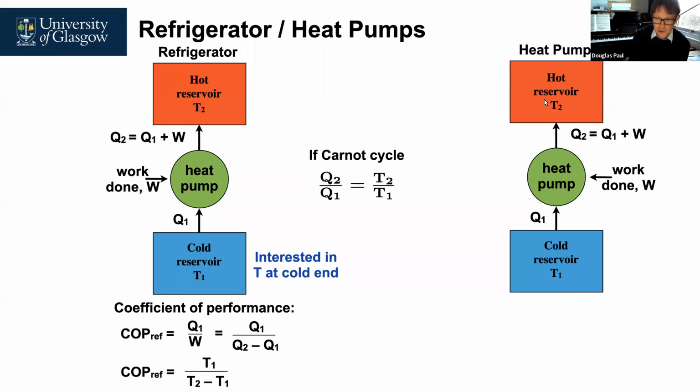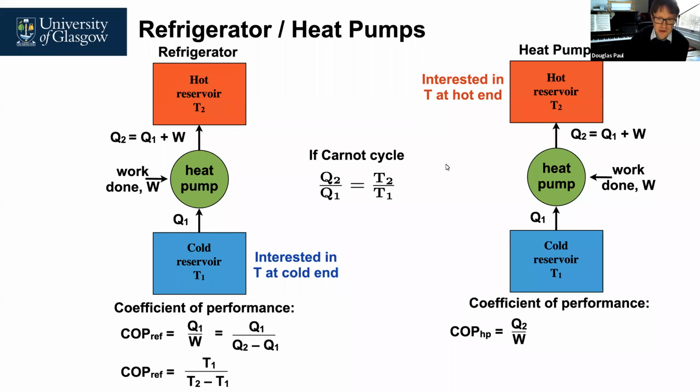When we look at the coefficient of performance, because this time it's the hot end we're interested in, the coefficient of performance for a heat pump is defined as the heat going into the hot reservoir divided by the work done. So if you compare this with refrigeration, you can see that the interest is in the hot end, the heat that we're actually putting in.